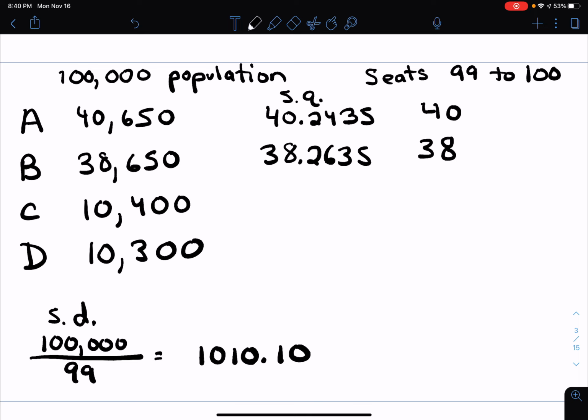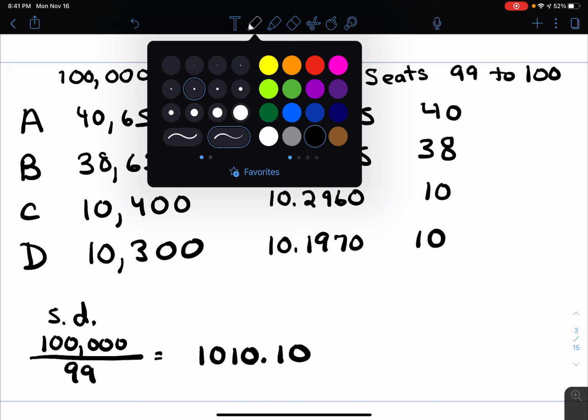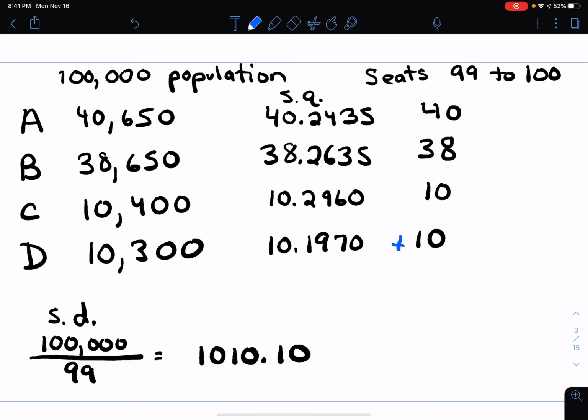I have 10.2960. So the integer part is 10. And then 10,300 divided by 1010.10. So I get 10.1970. So the integer part is 10. All right, so if I add those up right now, remember that's 99 seats.